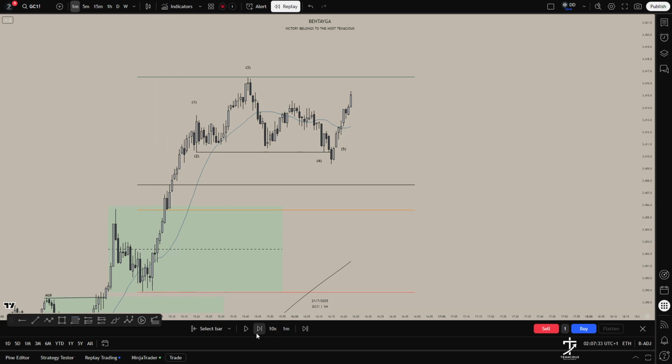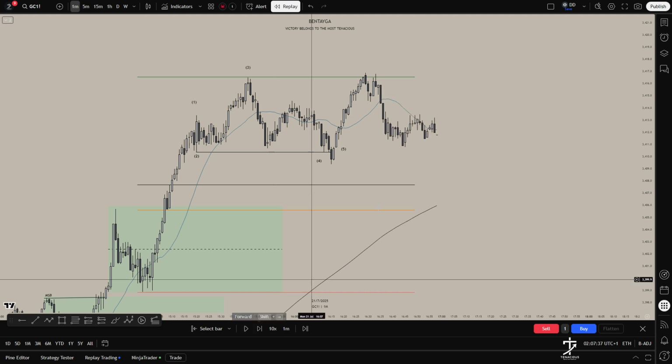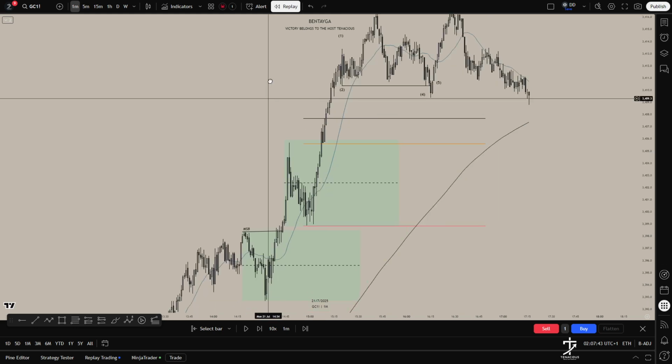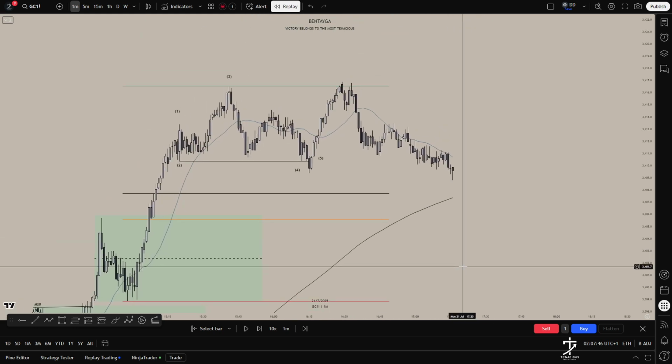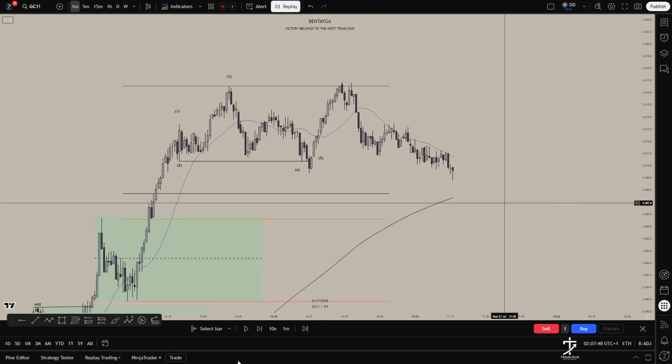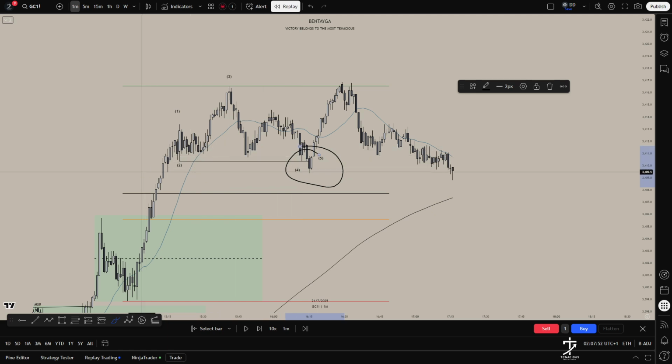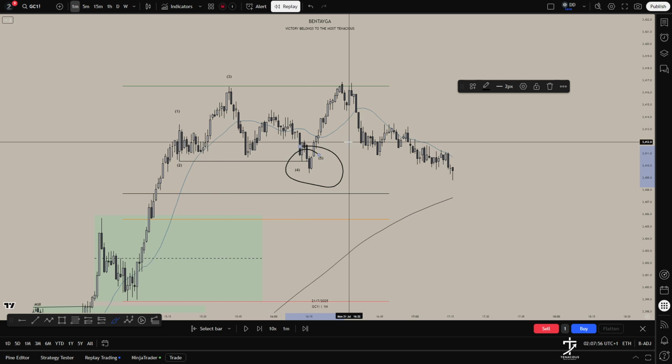It is really valid, but price takes out the high, and yeah, so we come down to 5 now. So I'll be honest, it wasn't really much unless you were feeling a bit courageous and wanted to take a trade off this after this sweep here. But overall, it's not something I will take.